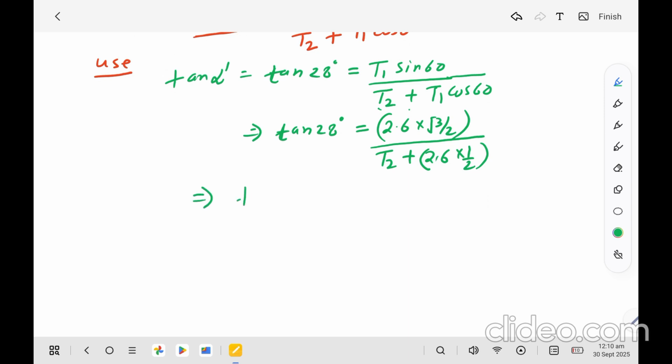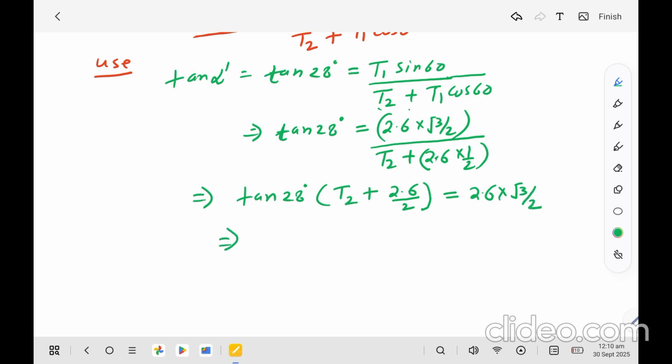So if I solve this equation, tan 28 degree, T2 plus 2.6 divided by 2, equal 2.6 into 3 by 2.